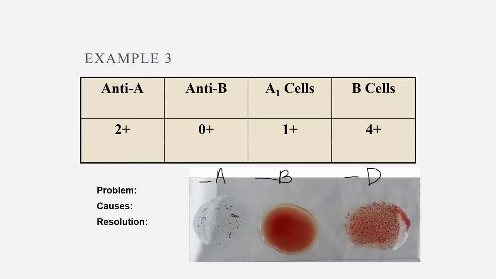That is how you can confirm that this would be an A2 subgroup with an anti-A1. When you have an A2 subgroup, you want to report if they have anti-A1, because it can go either way. But for A2 subgroups, you don't want to give them A blood, even though they are A, because they can make anti-A1. So you give A2 subgroups O blood.